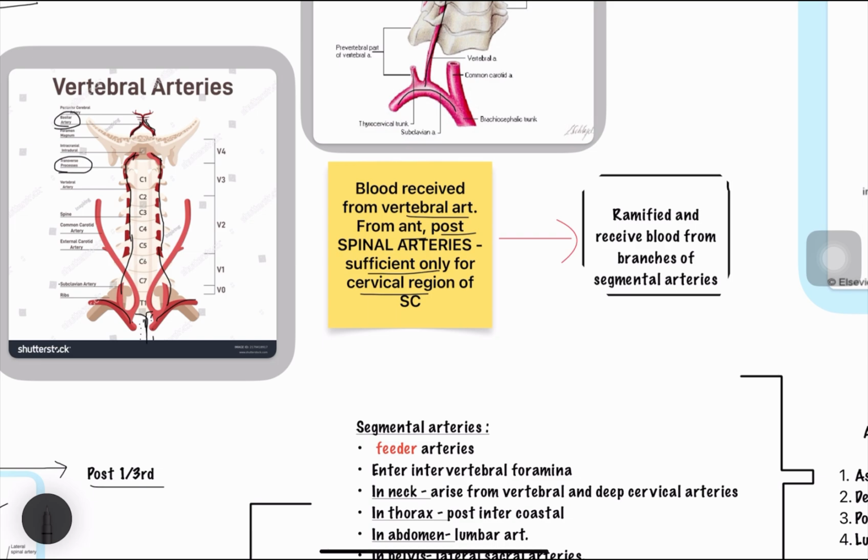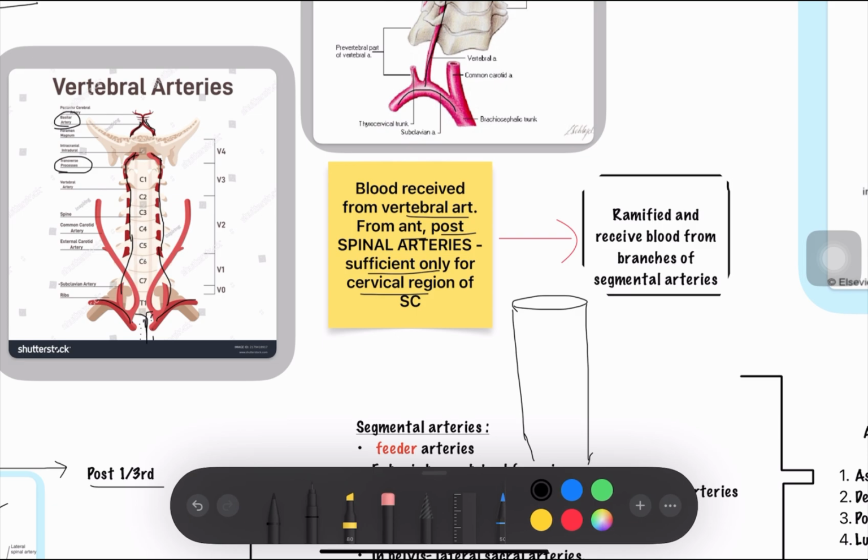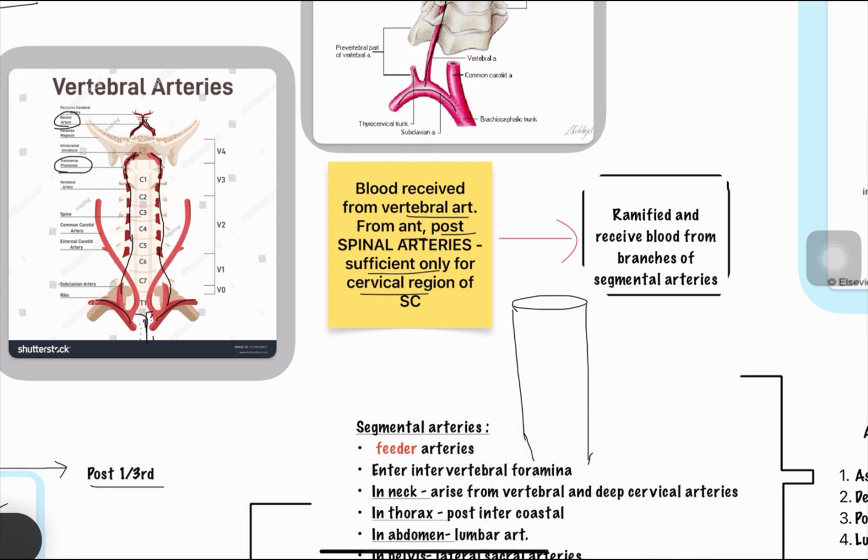So if we think that this is the spinal cord, and the blood from the anterior spinal artery and the posterior spinal arteries goes all the way, let's think that this is the cervical region.